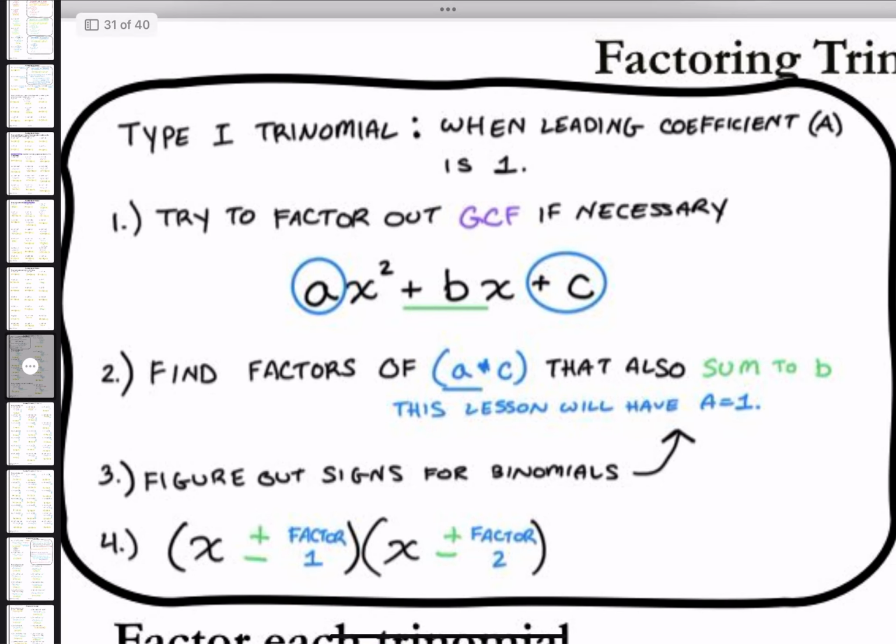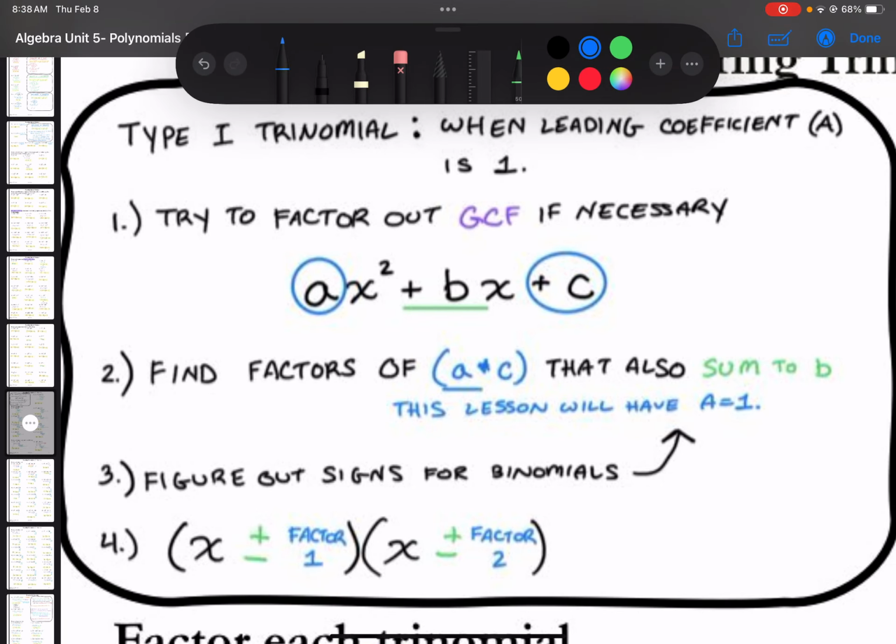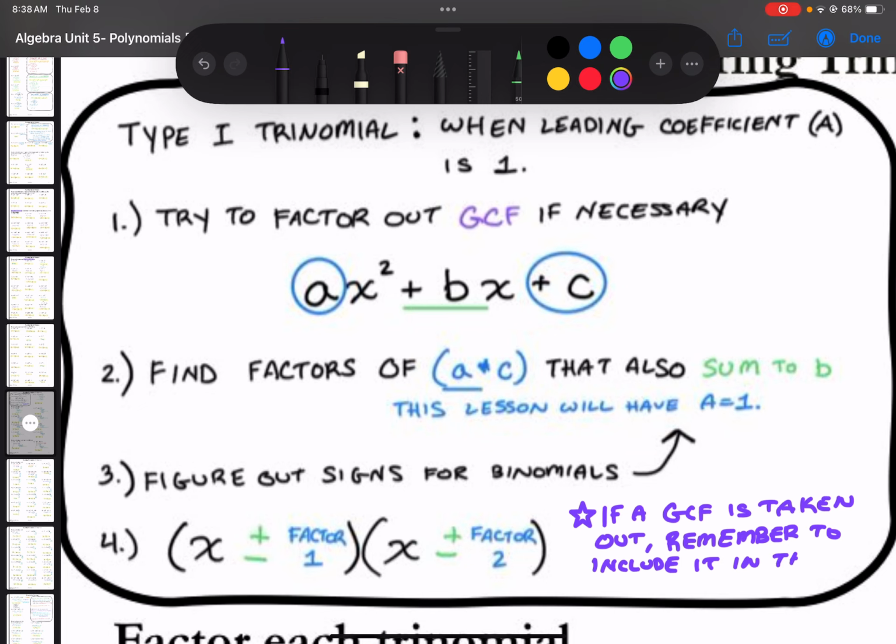So go ahead and pause the video here to take our notes. I'm just going to add one more part to our notes here. Something that we forget: if a GCF is taken out or factored out, you have to remember, we said this last class, that we need to include it in the final answer.